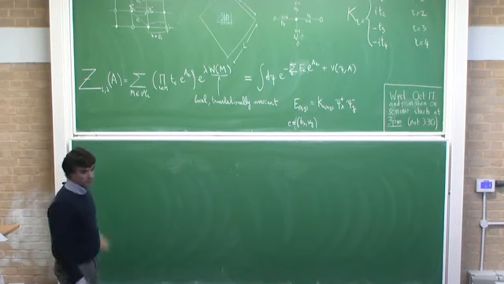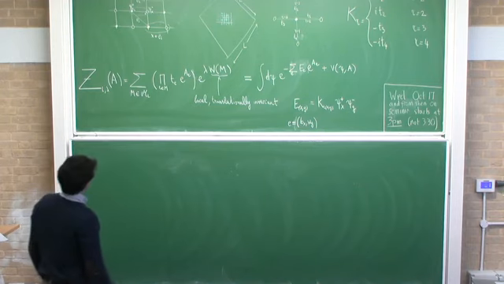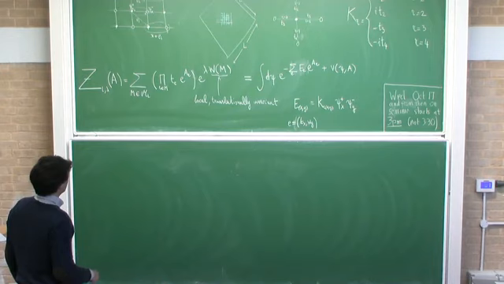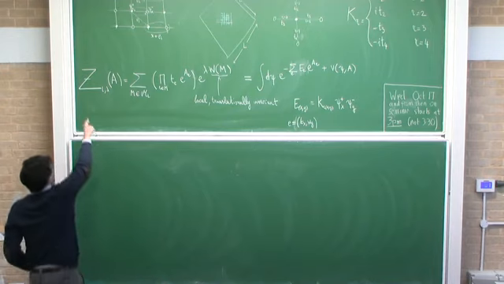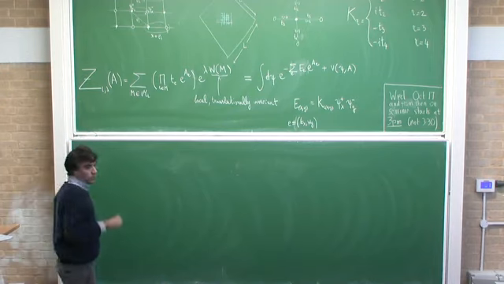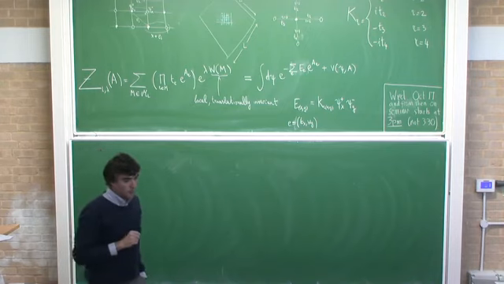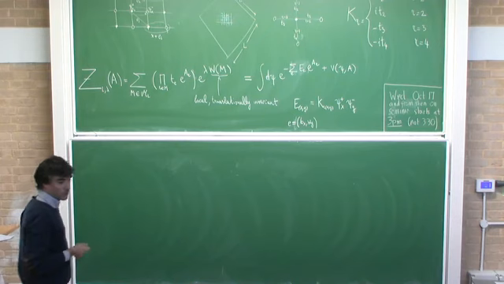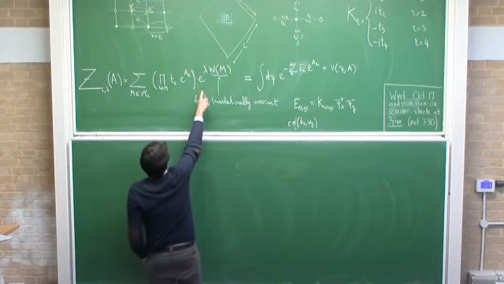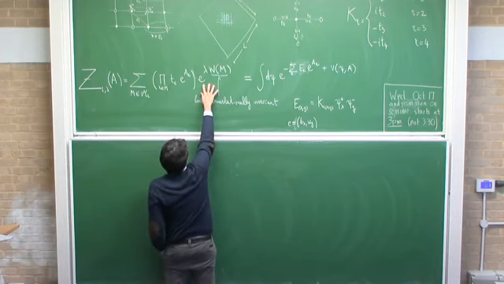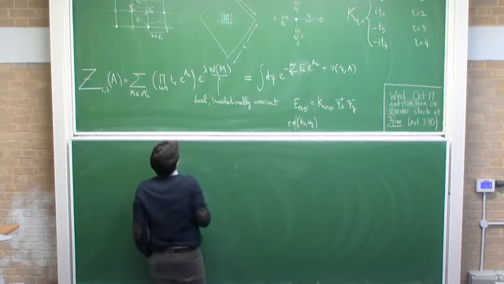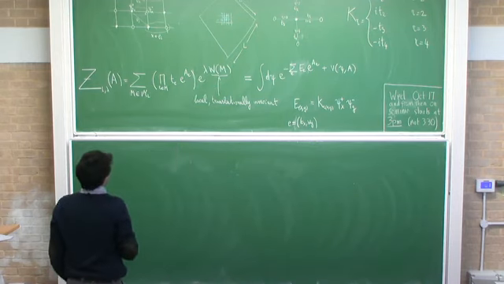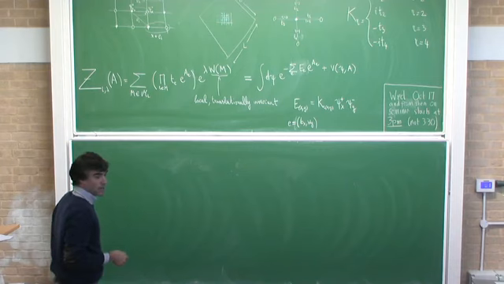This is just an additional field that one introduces so that if you take the log of this, differentiate with respect to A and then take A to 0, you get all the connected dimer correlations of the model. And here there is a multi-dimer weight, an additional Gibbs weight that is called the interaction.